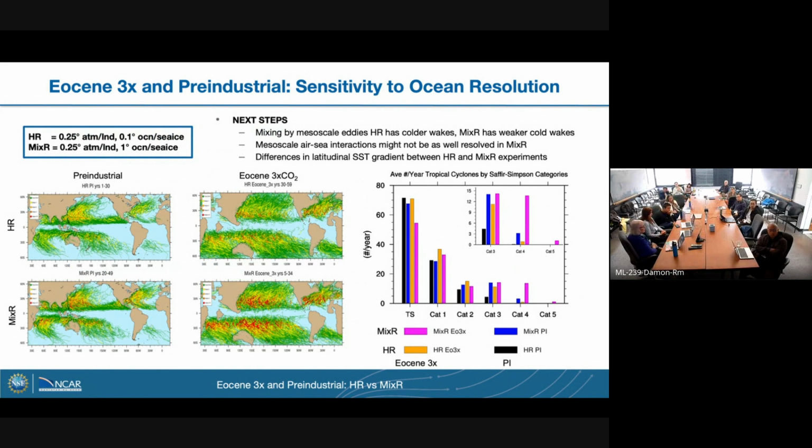It could be associated with mesoscale air-sea interactions, which aren't as well resolved in the mix R. And it could be related to differences in latitudinal SST gradient. But it really is, I must admit, counterintuitive that with a lower resolution ocean you'd have stronger storms, though there's been a lot of work by others here at NCAR looking at different aspects of this, though never in a coupled simulation like this.